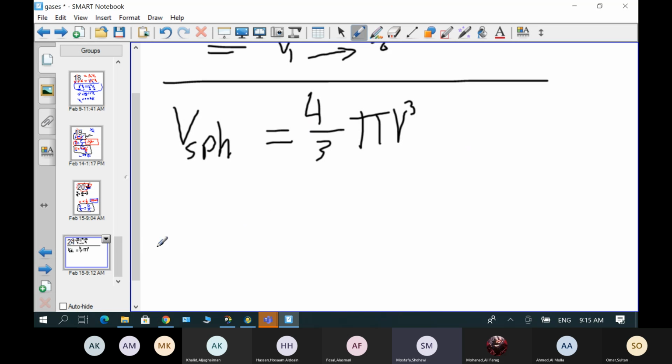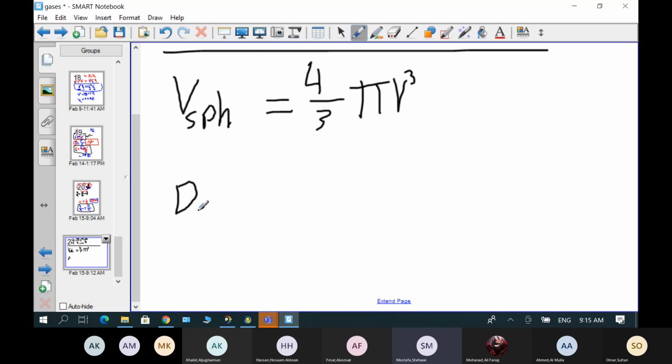Okay. So we want to calculate the density, and we changed the density. So the new density, d1 over d2, being inversely proportional to the volume, equals v2 over v1.